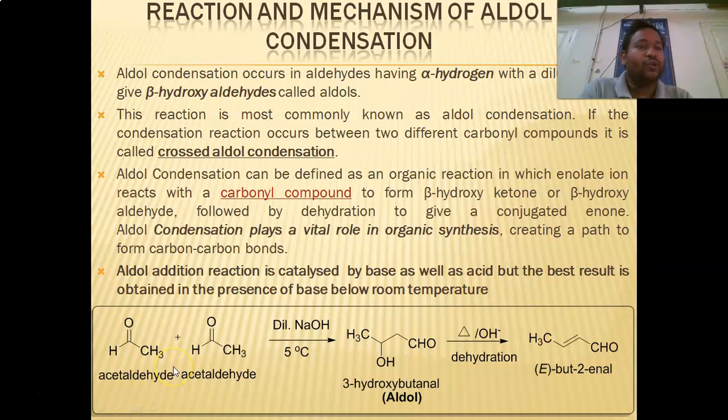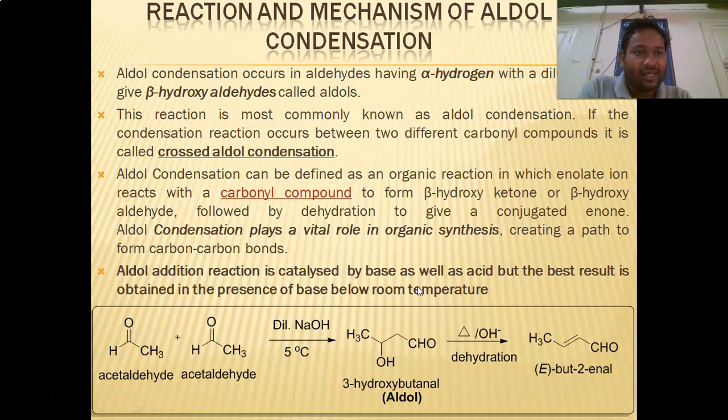The aldehyde or ketone should have the alpha hydrogen atom, which easily undergoes enolate formation, forming the corresponding beta hydroxy ketone or beta hydroxy aldehyde, followed by dehydration of a water molecule that forms the enone. Enone means the compound containing the double bond as well as the carbonyl group. This type of reaction is called aldol condensation.